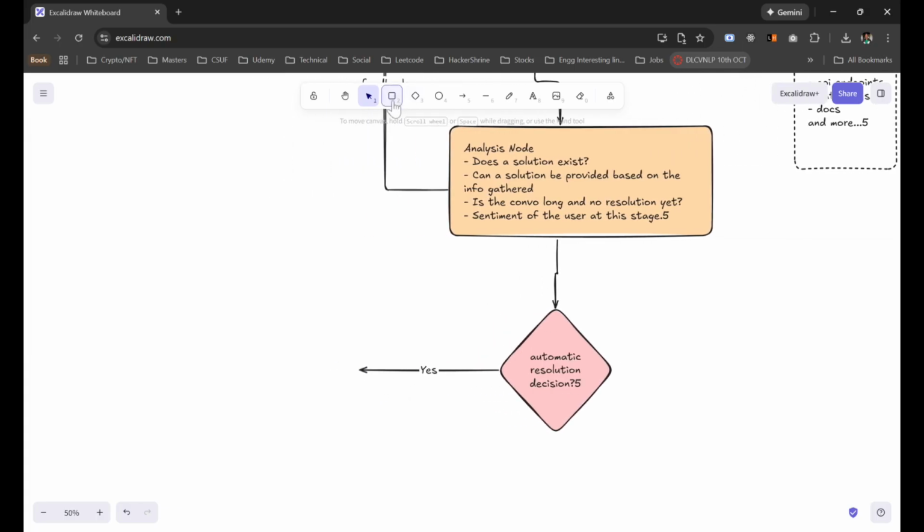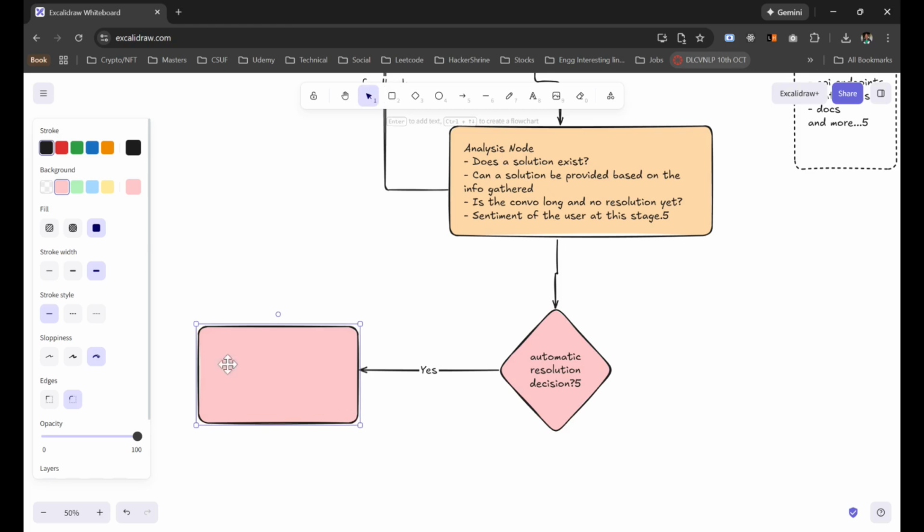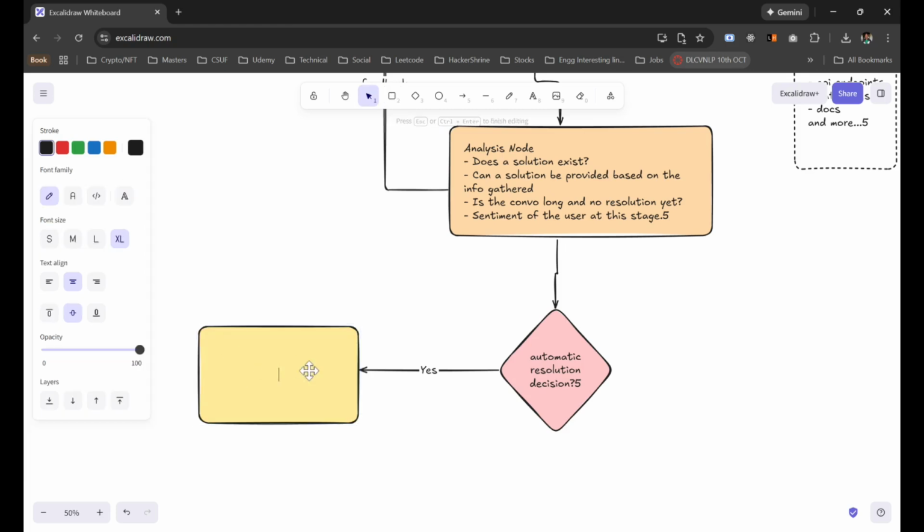Then we could have our final node, which would be a response node, and the task of this response node is to structure your answer accurately, put all details, then mask all the private information.